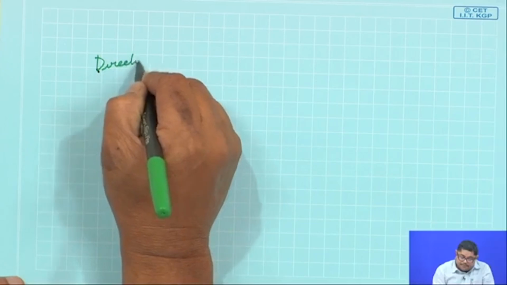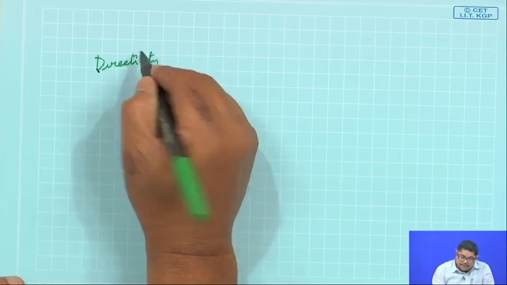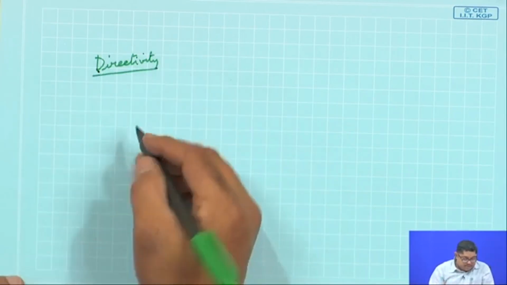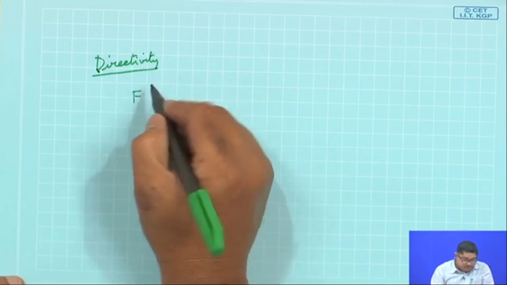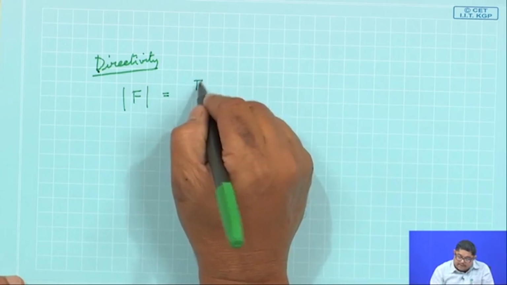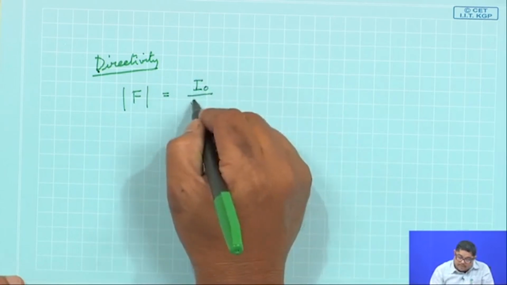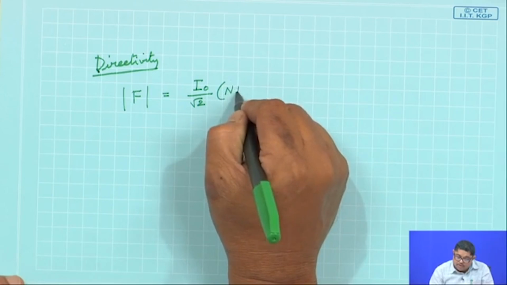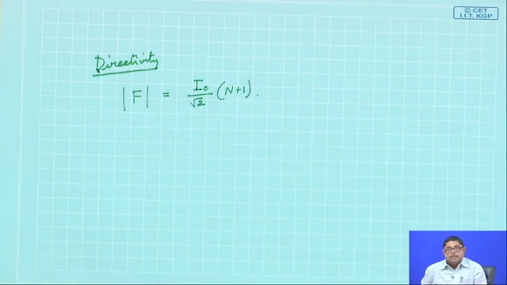Now, we can come to the directivity. Now, for directivity, let us estimate the directivity. So, for directivity, we take the array factor will be root 2 times n plus 1, because there we take 3 dB things.